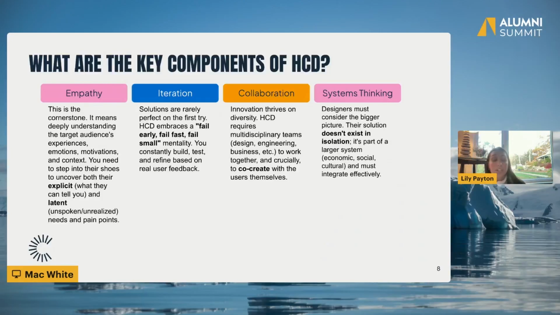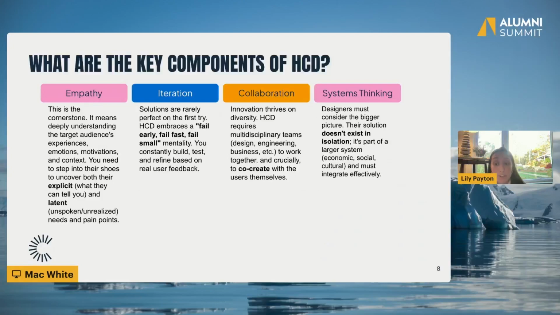It really means deeply understanding the target audience's experiences, emotions, motivations, and especially their context. You need to step into their shoes to uncover both their explicit needs, so what they're telling you already when you're asking those questions and talking to them, as well as some of the latent, so unspoken or unrealized, needs and pain points.